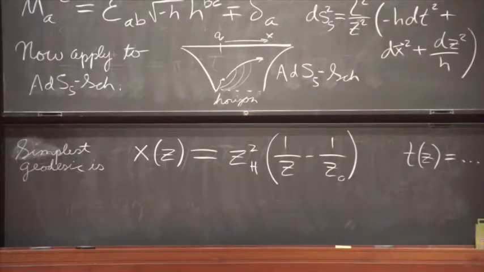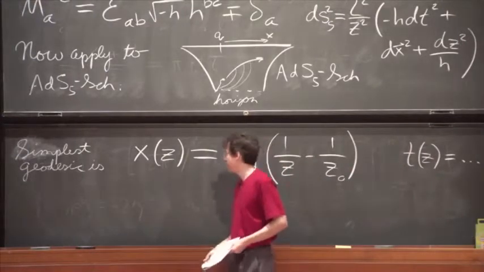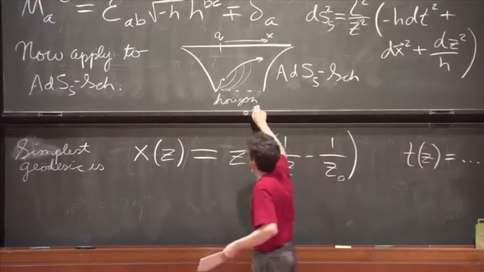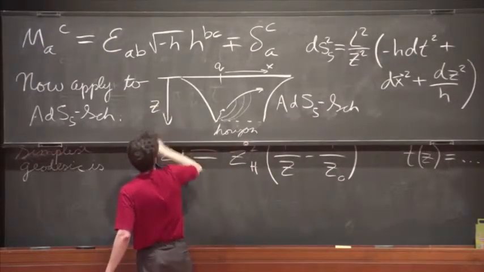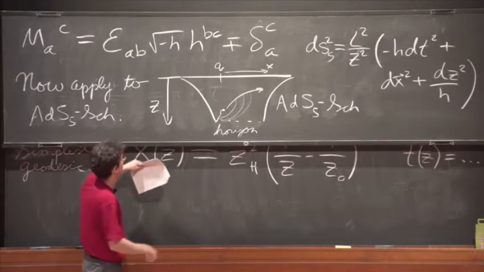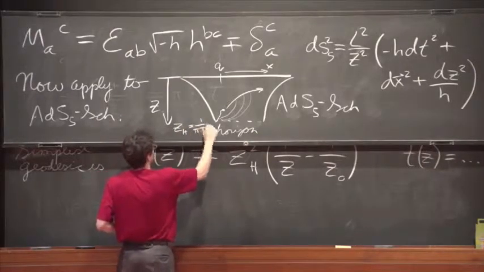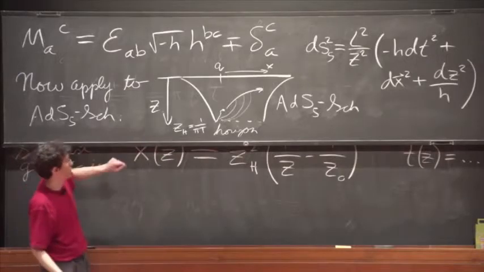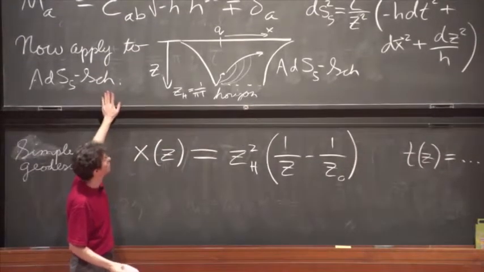Now, just for the sake of convenience, I am parametrizing the geodesic using the radial direction in AdS5, namely our friendly variable z. And z_h, I remind you, is the location of the horizon, and that is 1 over pi T.